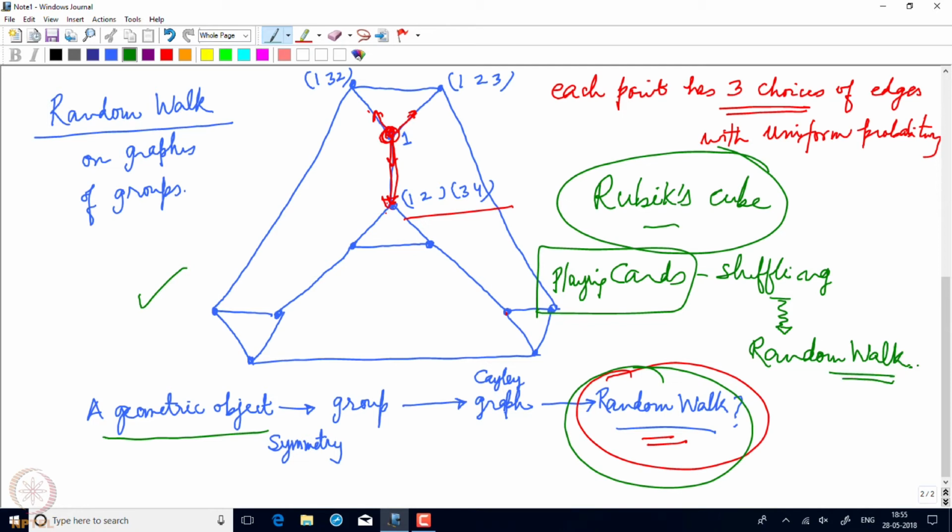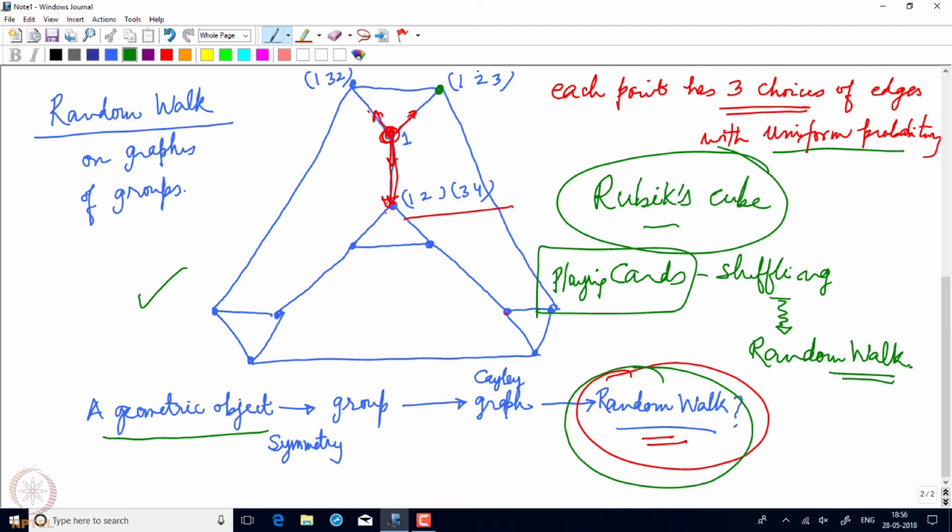One can certainly ask various questions. For example, one question could be, you start moving on a graph of a group, say at this point, and you are following certain probability distribution, need not be uniform, but it could be some other probability distribution, and after n number of steps, where would you be?